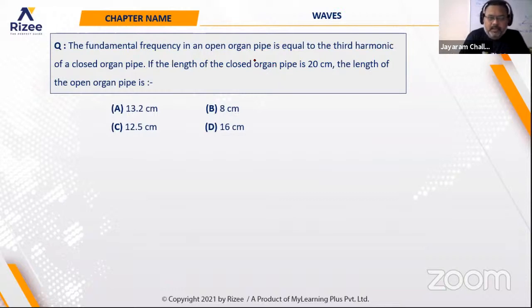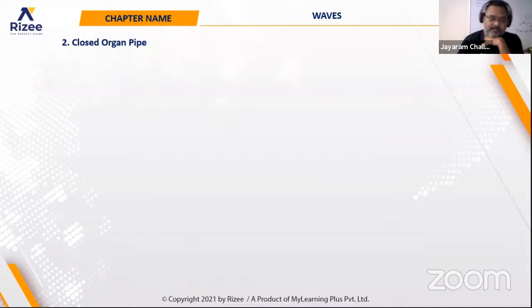So here in this question, he has discussed the open organ pipe as well as the closed organ pipe. But just now we have discussed only the open organ pipe. I'll discuss the closed one also and come back to this particular question.